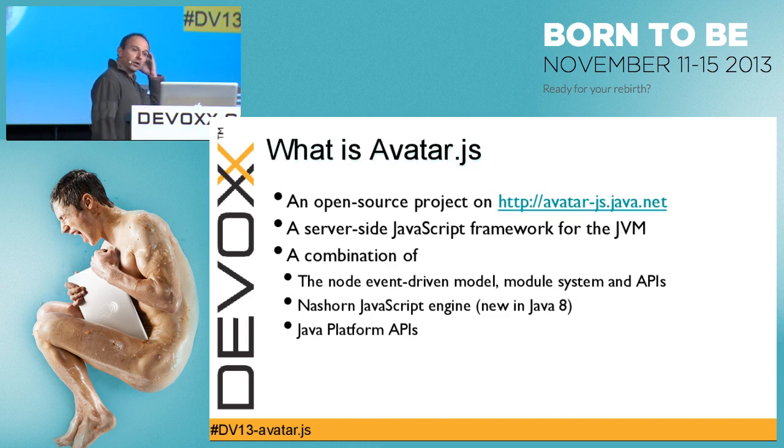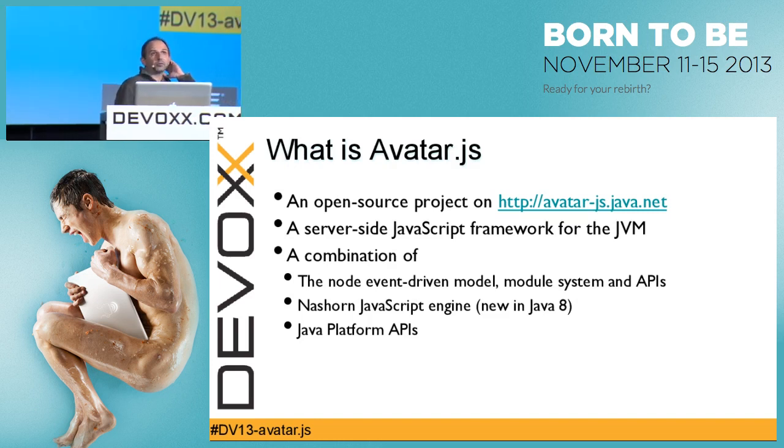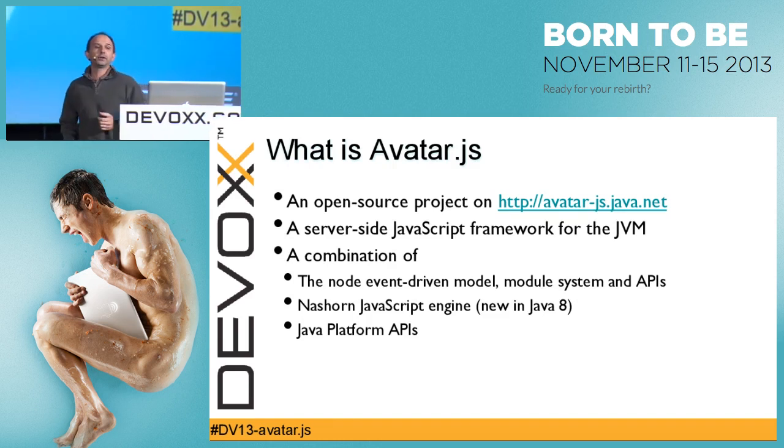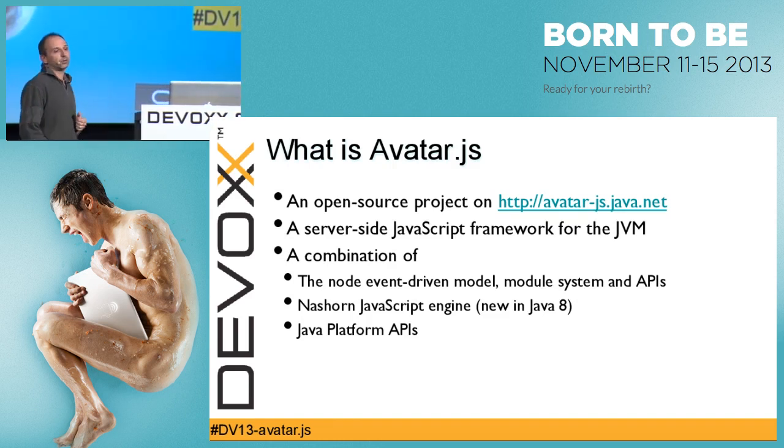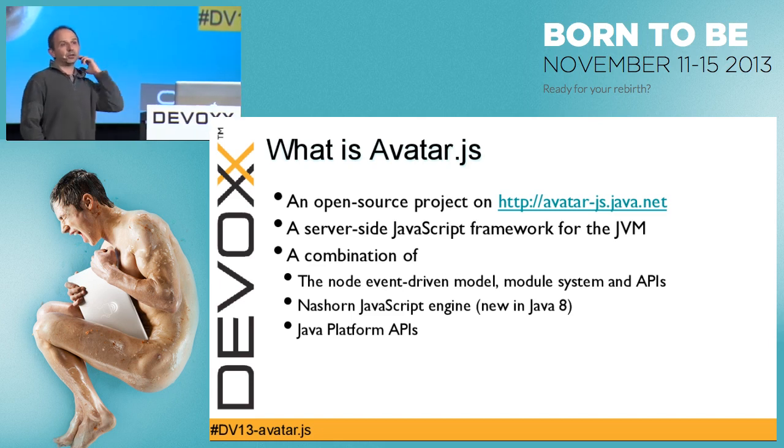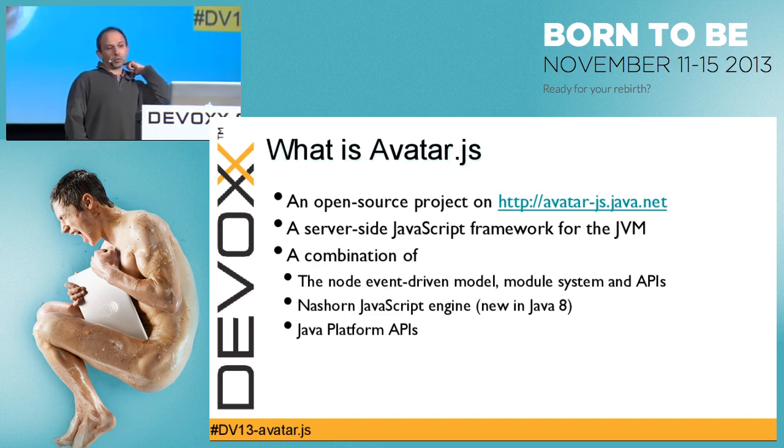Introduction. So, as I said, this is an open source project. You can get the source and you can build Avatar.js on Mac, Linux, and Windows. There are some Git repositories there, just get the source and build it. So, as I said, we are defining a server-side JavaScript framework for the JVM.